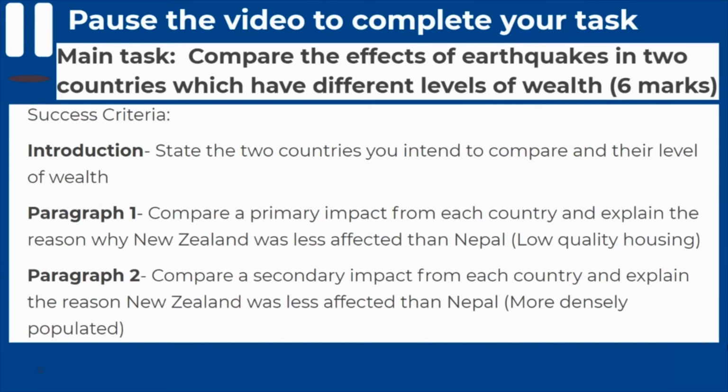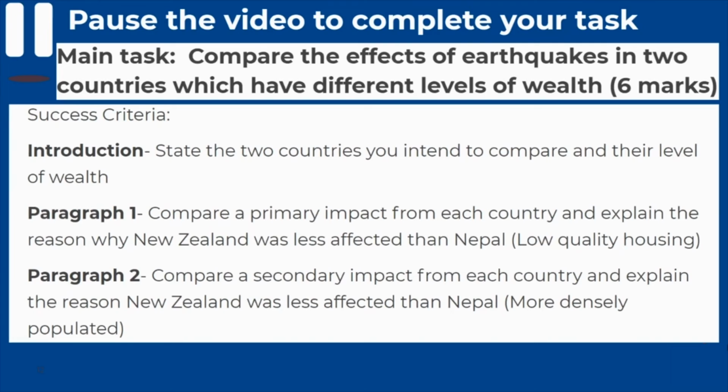Now, to help you, I've broken down how I would answer this question. So if I were you, I would want, in my introduction, to name or state the name of the two countries that you intend to compare and tell the person reading this what their level of wealth is. Then, in paragraph 1, I would compare primary impacts from each country. And then I would compare a secondary impact from each country in New Zealand.